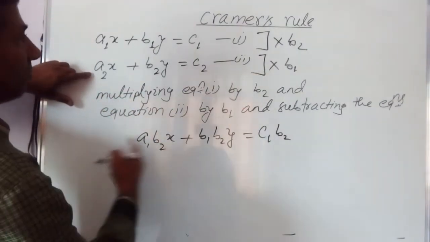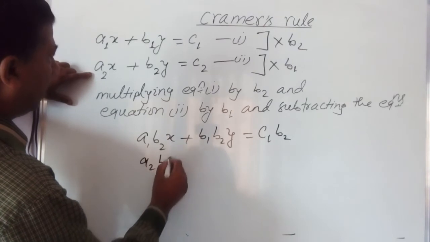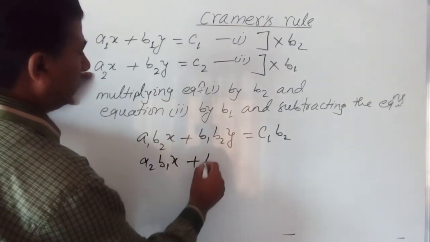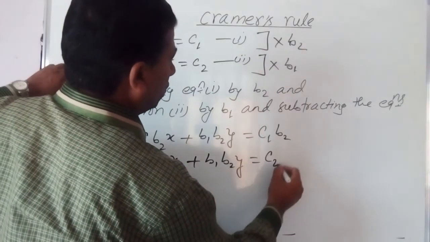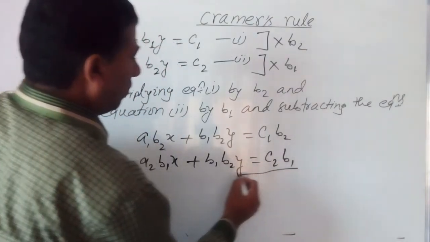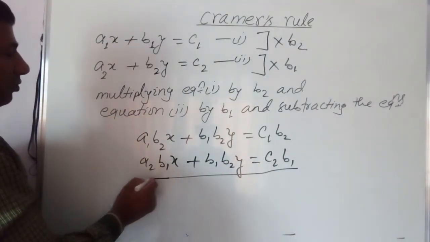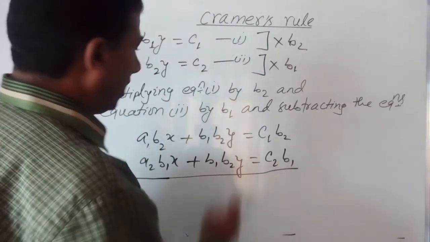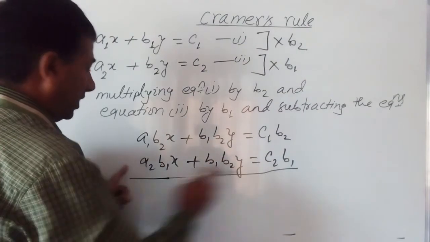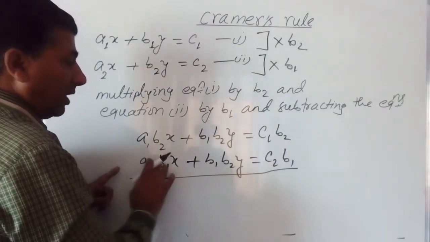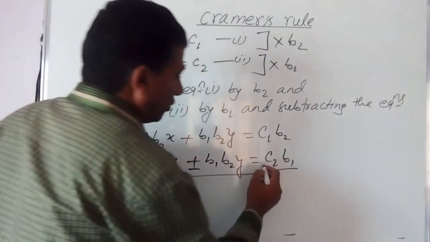Again multiplying equation 2 by b1, a2 b1 x plus b1 b2 y equals c2 b1. Now we are subtracting the equations. In subtraction there is a minus sign, and when we multiply by that minus sign, this will be negative, this also will be negative.